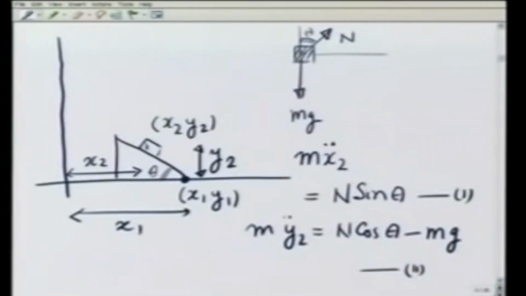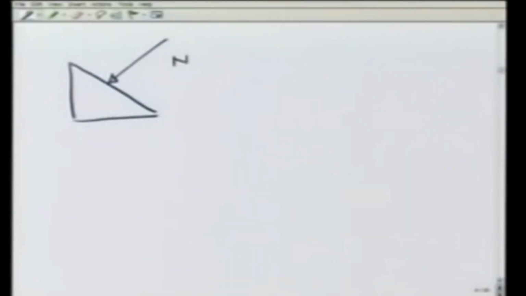Third and fourth equations are going to be for the wedge. For the wedge, the forces are N1 in this direction, with this angle being theta, capital Mg in this direction, and N2 in this direction.